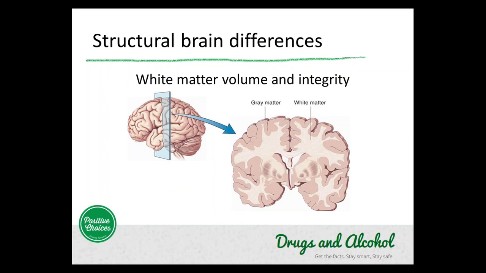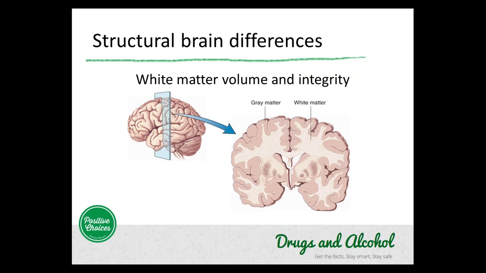And we also see changes in white matter volume and integrity for alcohol, cannabis and methamphetamine. So here we have a cross-section of the human brain. So the grey matter pointed out there, the pink bits, that's where your cell bodies are. And your white matter, which is those lighter pink bits, connects those grey areas together. So the white matter actually appears white because it's got a really high concentration of myelin in it.